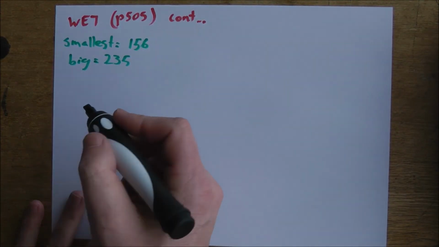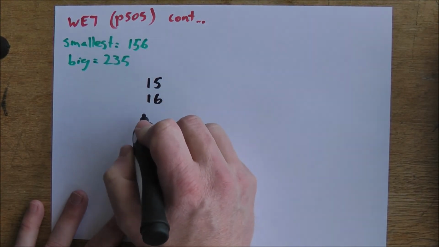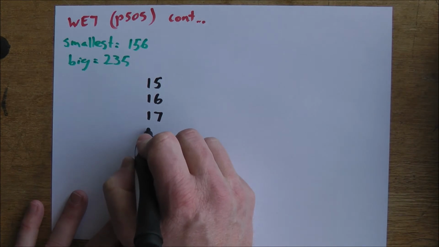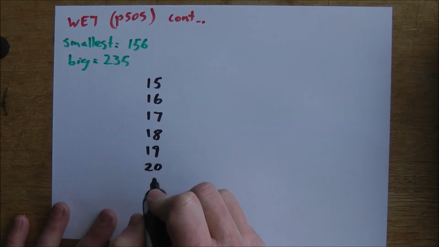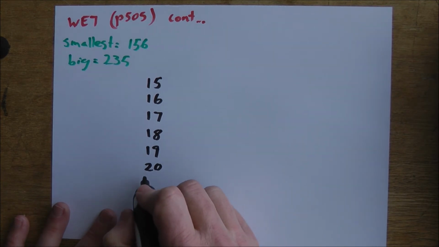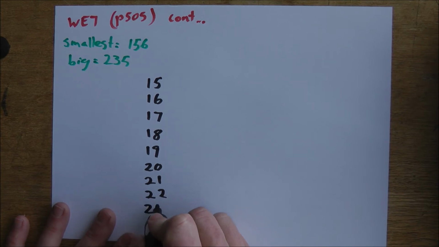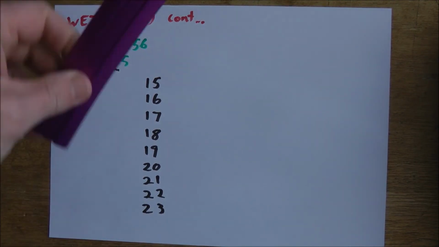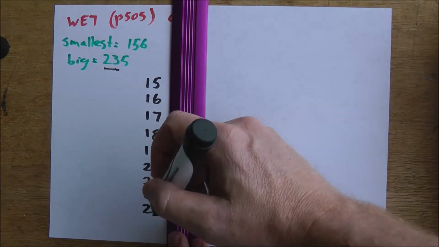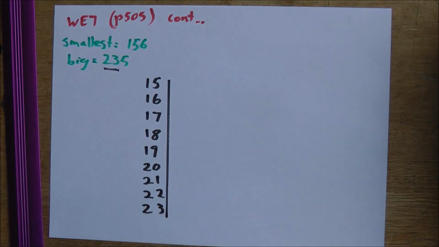So my stem starts with the 150s, 160s, 170s, 180s, 190s, the 200s, 210s, 220s and 230s, because I've got to get up to 235. Rule off my stem, and then I run through the data and I start putting the leaves out there.